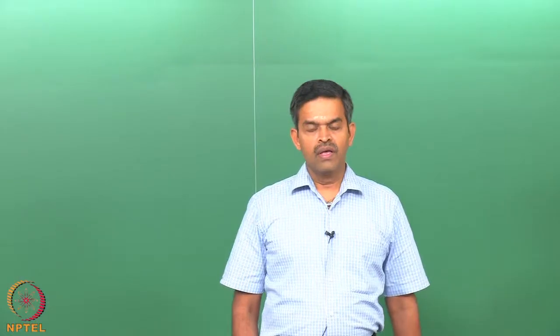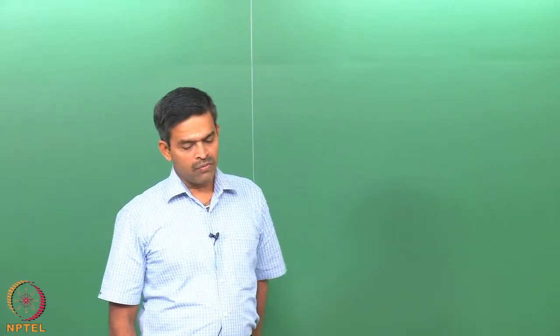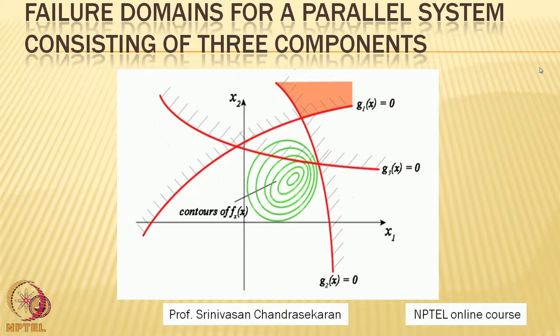Similarly, pay attention to the figure shown on the screen now. This figure shows the failure domains for a parallel system consisting of 3 components. You can see here G1(x) is the limit state function for the first component, G2(x) is the limit state function for the second component, and the hatched portion shows the failure domain.